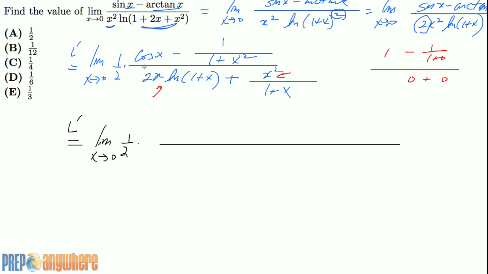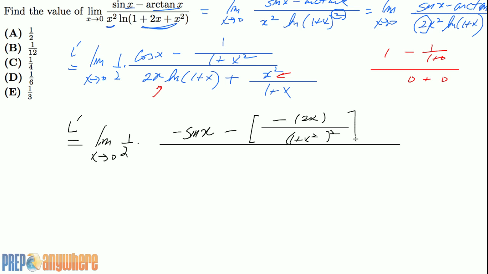So differentiate the cosine, we get minus sine of x. And differentiate that, using the quotient rule here, we get 0 minus 2x all over 1 plus x squared.